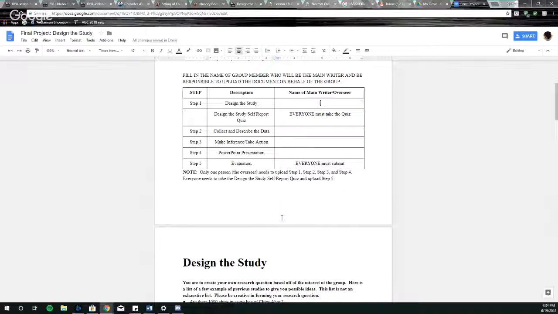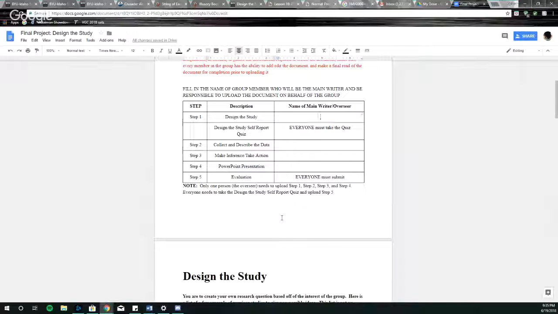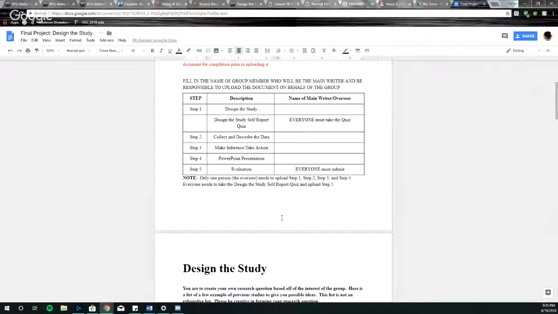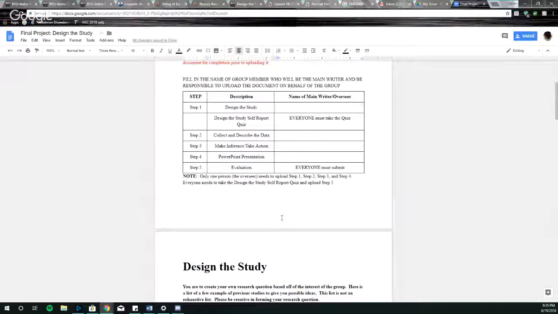Wait, only one person, the overseer, needs to upload step 1, step 2, step 3, and step 4. So only one person needs to do the uploading. Does it have to be the same person each time?